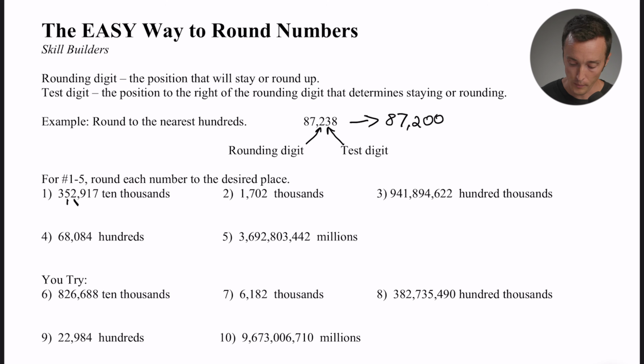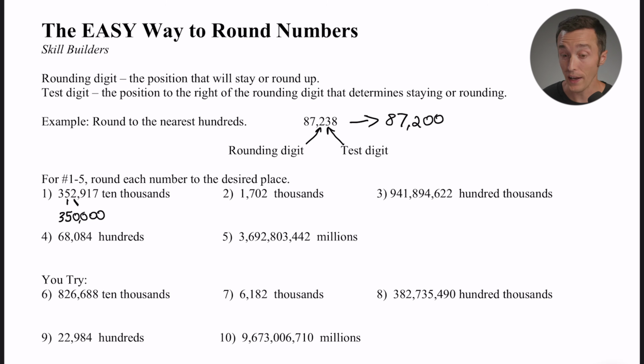The way we'll know is by looking at the test digit, which in this example is a 2. A 2 says that you stay, you're not going to round up, so it's going to stay as a 5. So then if we keep the 3, the 5 does not round up, it stays as a 5, and then you get zeros after that, starting at the test digit and on. So 350,000.